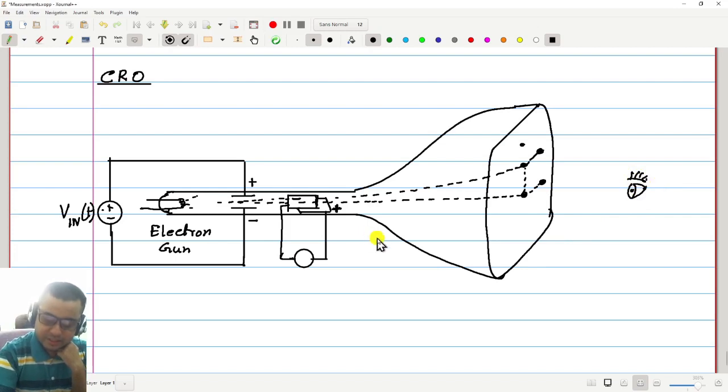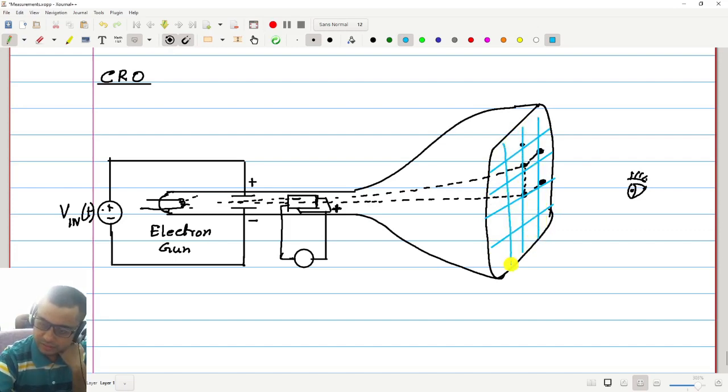Now what we can do, on the screen we can lay out some grid lines like a graph paper. Therefore if the voltage between these two vertical plates is more, the beam is moved more and more upwards, and by looking at the position of the beam we can estimate the voltage between these two plates.